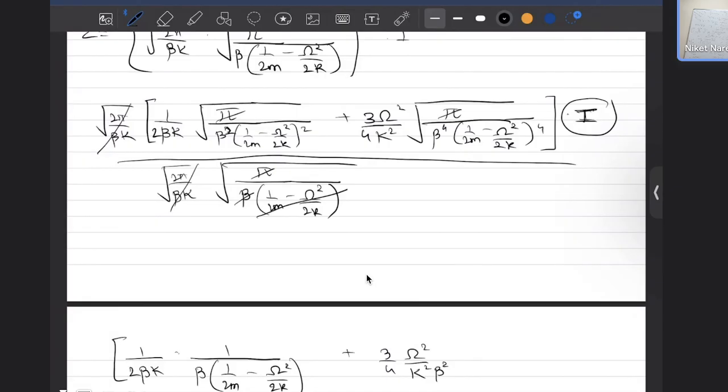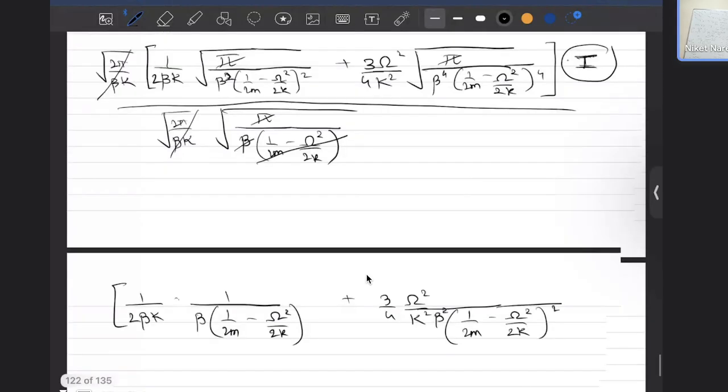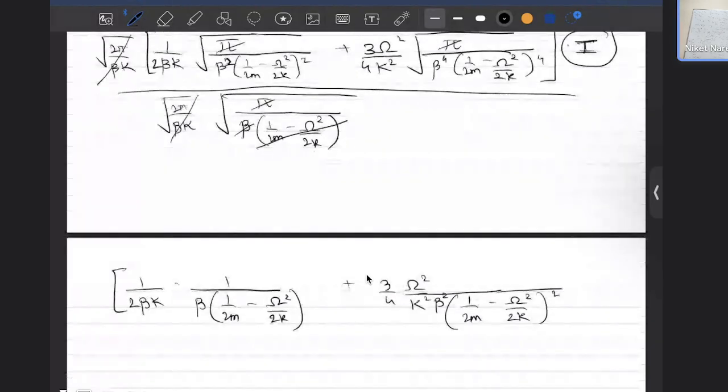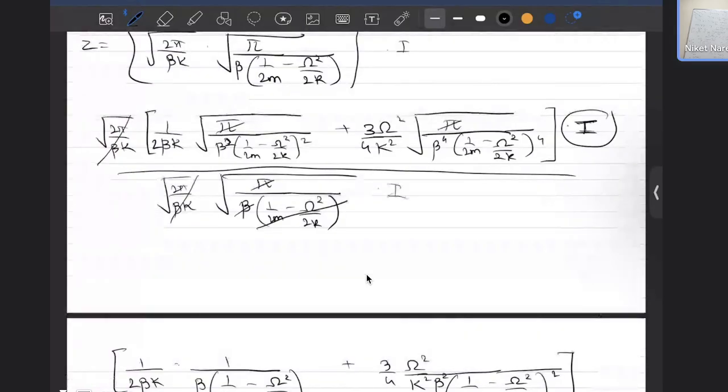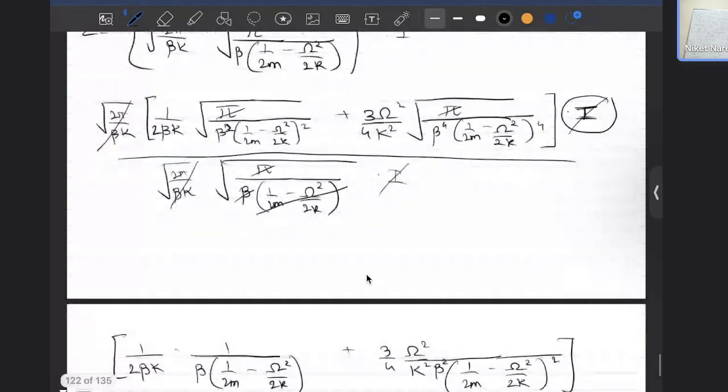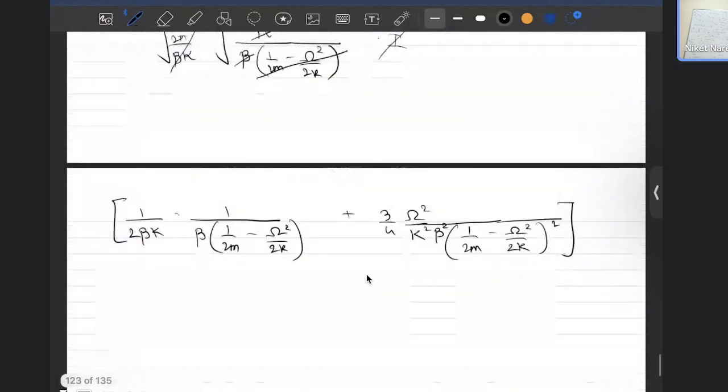In the denominator, I have 1 by 2m minus omega square by 2 kappa, the whole square. So I'll have to somehow evaluate this term. The I basically gets cancelled. There is an I also here which gets cancelled with this I. And this at least seems a very sorted expression, not much of a confusion.